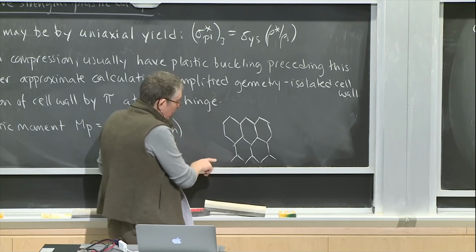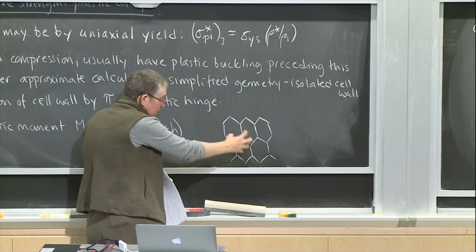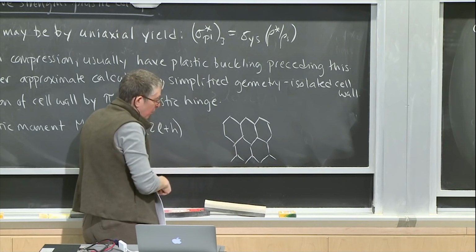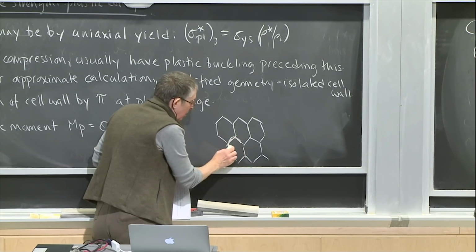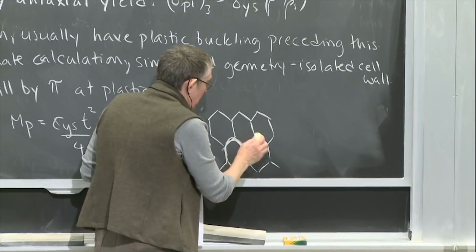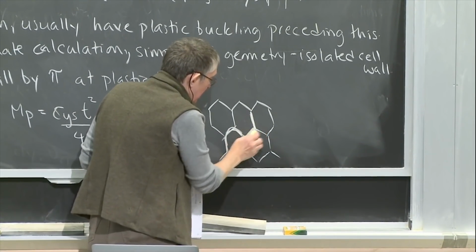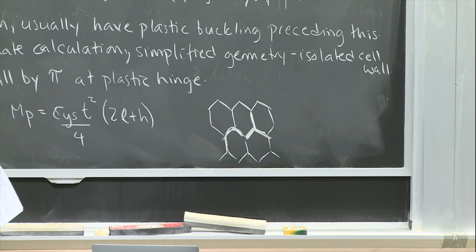Okay, so now we're forming a plastic hinge sort of halfway down the board. Imagine that this has some length b that way, and we're halfway down the board. And now the plastic hinge has to form all the way around these members here for one cell. Or you can think about it as this guy plus these guys is one cell. You can think about the unit cell different ways, but it's 1 h plus 2 L's.